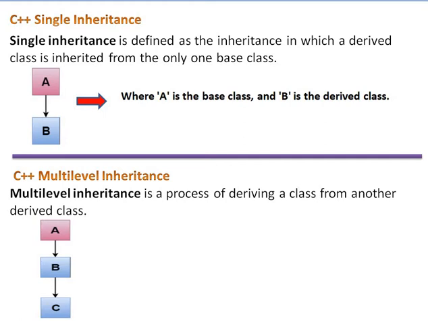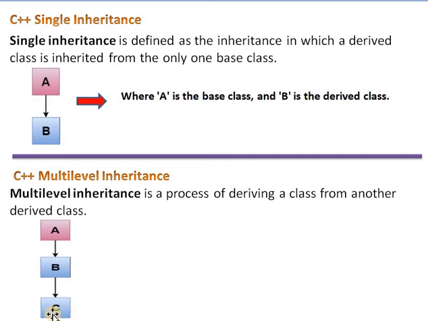That means in this type of inheritance, a derived class is created from another derived class. Here, derived class C is derived from another derived class, that is B. That means here there is only one base class, that is A, and there are two derived classes B and C. But in this type of inheritance, different levels occur.